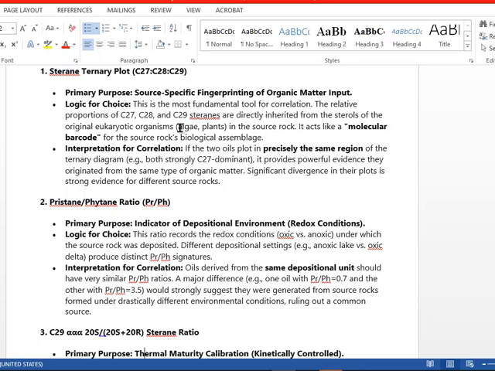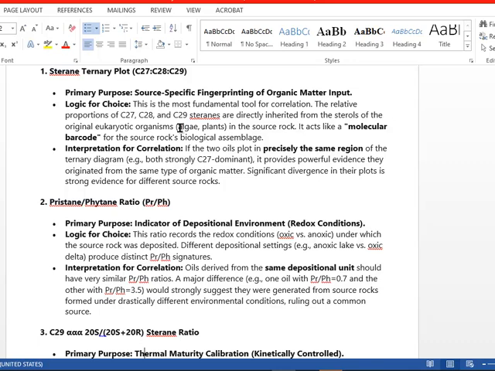The value might not be exactly the same, that's the pristane phytane ratio, but they should fall in the same category. For instance, if it is less than 1, or whether it is greater than 3.